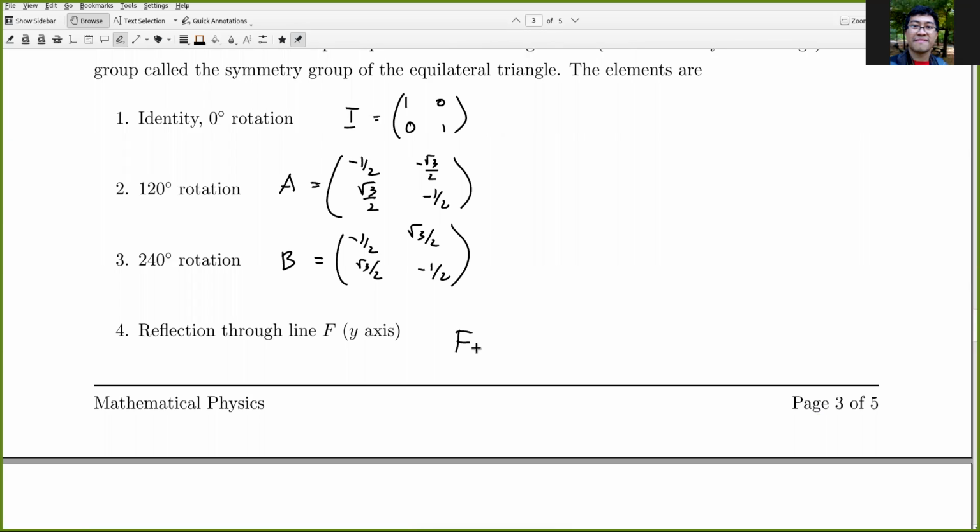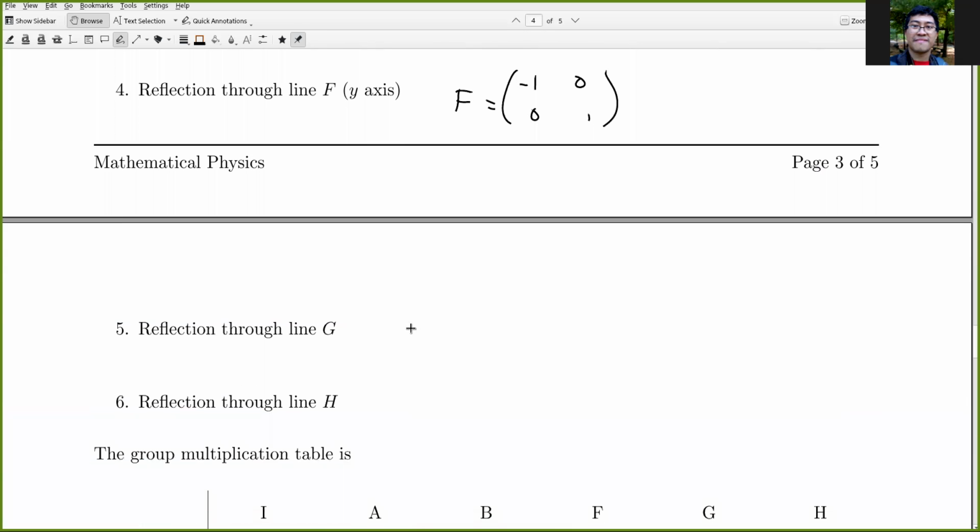For reflection, let's call the reflection along F, F. It looks like the matrix would be 1, 0, 0, negative 1. Through G, let's call it G. G would be 1/2, negative square root of 3 over 2, negative square root of 3 over 2, and negative 1/2.